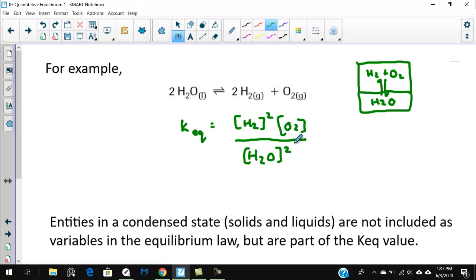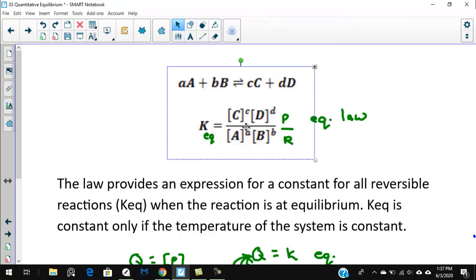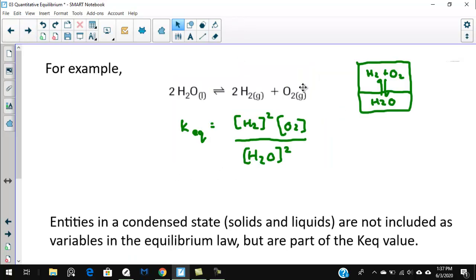That's how we translate the general expression using an actual equation. So it becomes Keq equals the concentration of H2 squared times the concentration of O2 divided by the concentration of H2O squared. And that calculation will always come out to be a constant value for a given temperature.